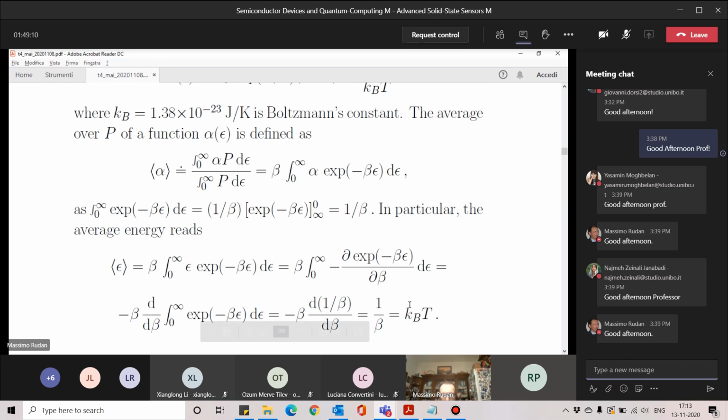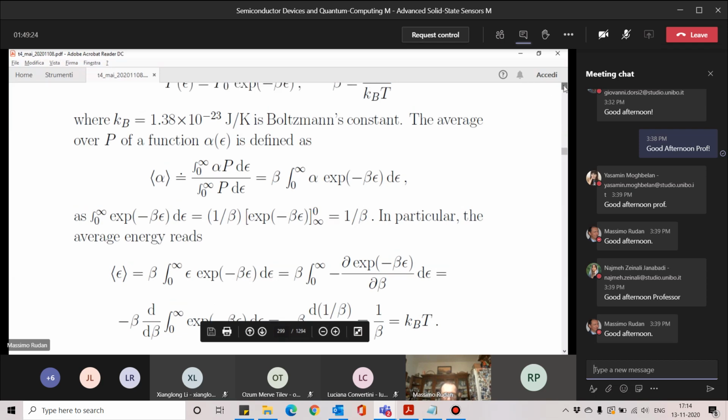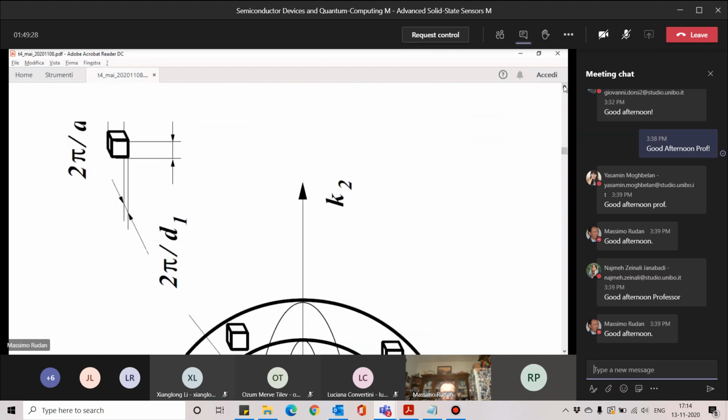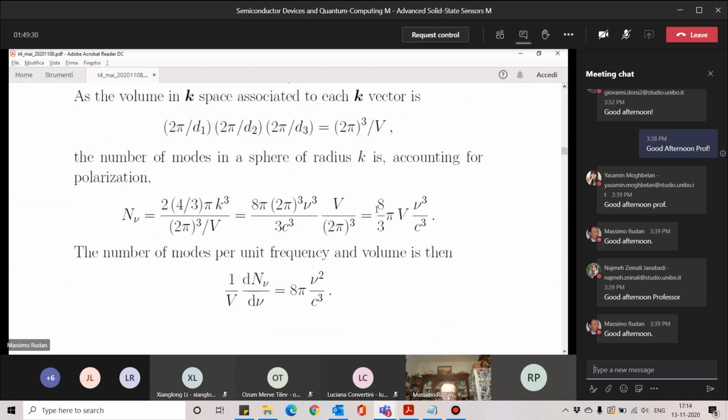By the way, kT is a constant for each oscillation mode because it does not depend on the frequency. So kT is the same for each frequency of the oscillation mode. So we multiply kT by this quantity, 8 pi nu squared over c cubed.